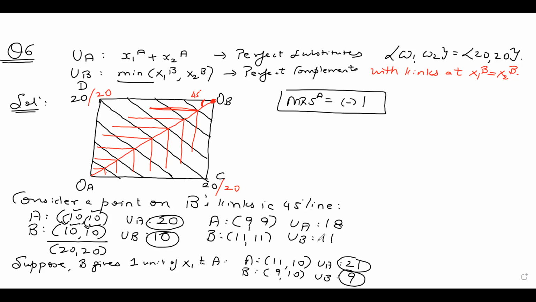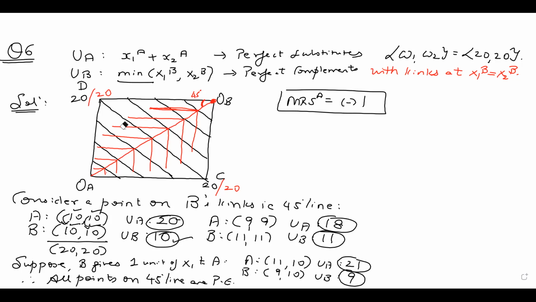Utility which B gets is 11. B has become better off by making A worse off. So I can say that this point is Pareto efficient. So I can say, therefore, all points on the 45-degree line are Pareto efficient.